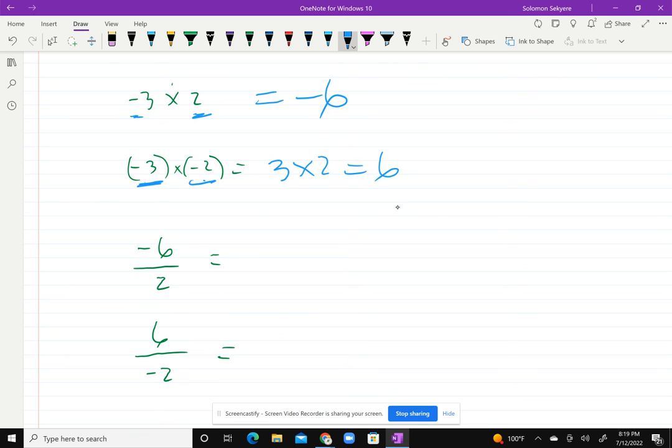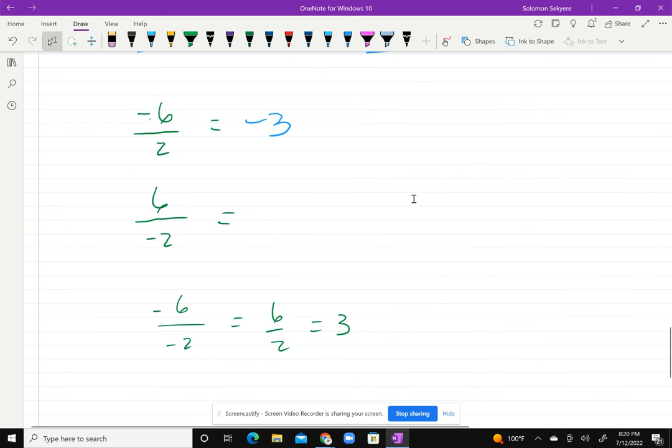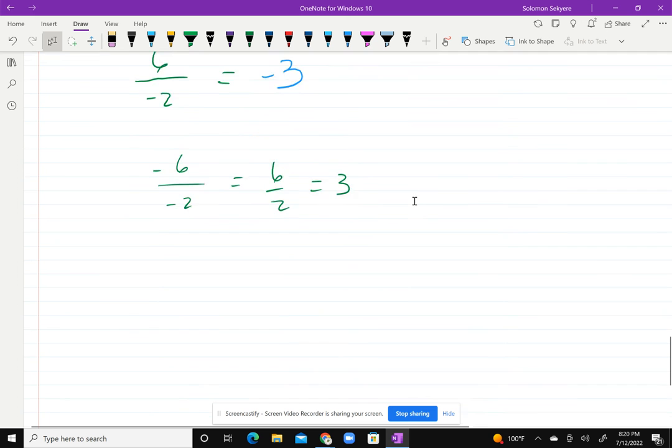So two negative numbers give me a positive number. The same way, if I divide, a negative number over a positive number gives me a negative, but two negatives will get me a positive. Okay, are you with me?